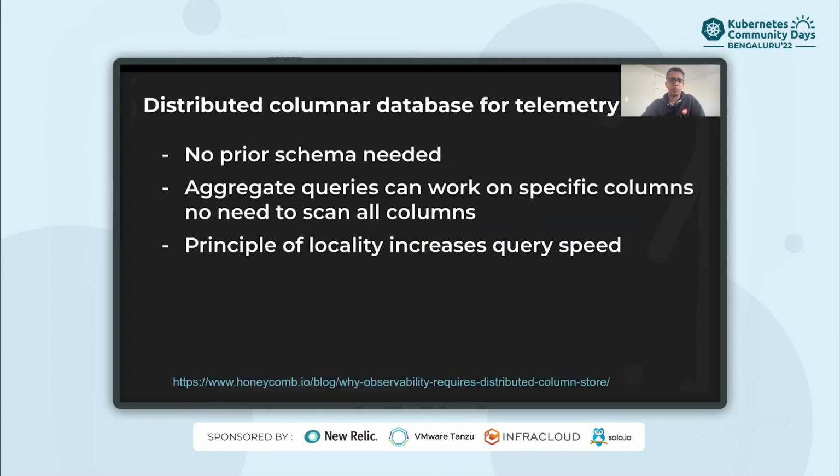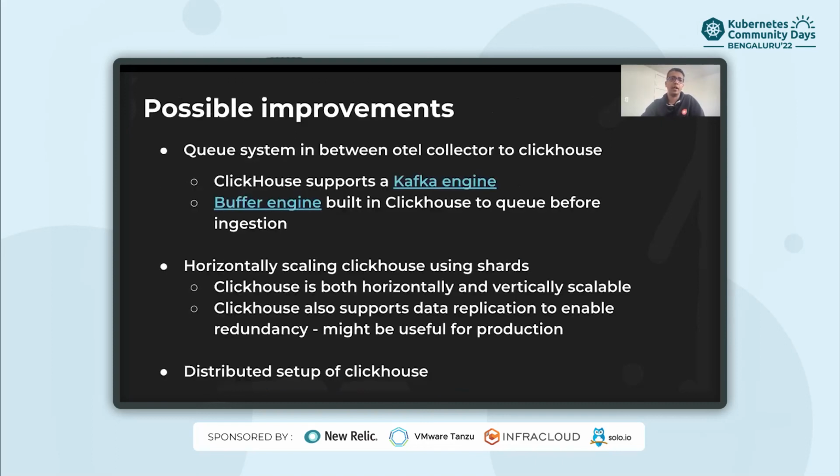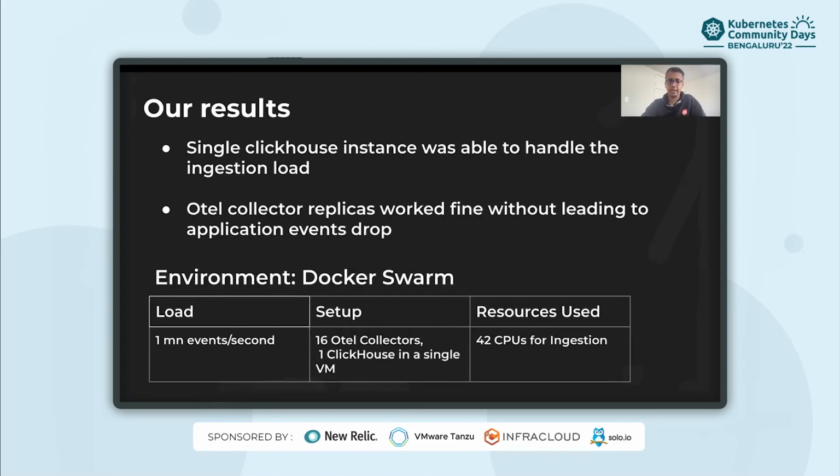So yeah, that's broadly what I was trying to convey, that even with using OpenTelemetry and a ClickHouse data store, which we use at SigNoz, we have been able to scale to 1 million events per second, which is a huge scale and good enough for many enterprises, right?